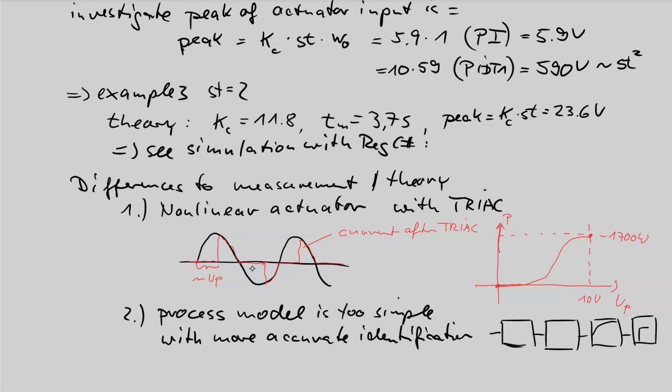And if we design the controller with this more sophisticated model, then we get a better fit between theory and measurement. Different controller. So sometimes it is necessary to work with nonlinearities, and sometimes it is necessary to make a better model, and then the theory and the measurement fit better together.